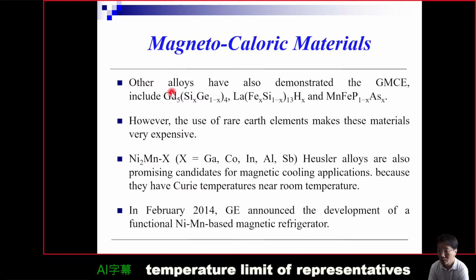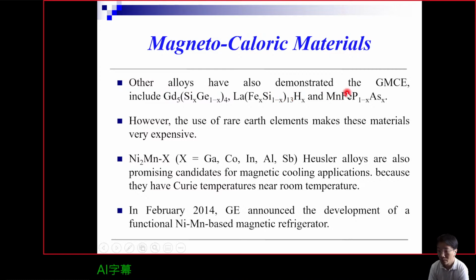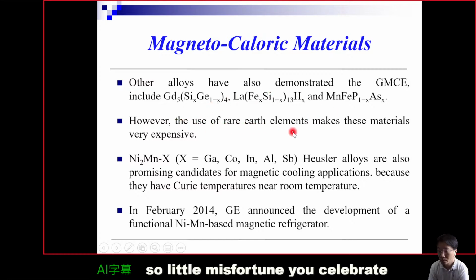So there are other alloys that have demonstrated GMCE, including this one, and this one. Okay, you don't need to remember that. I'm just telling you the history. This kind of material is good, but unfortunately they used a lot of rare earth elements.